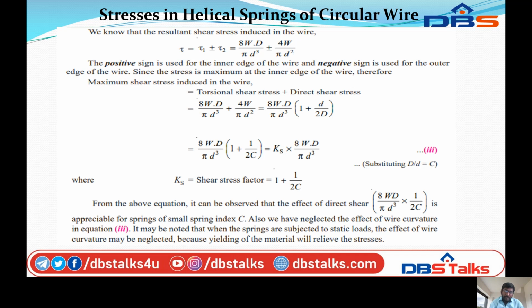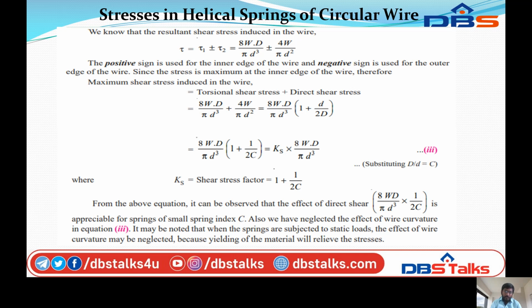So Ks into 8 into W into capital D by pi into d cube. From the above equation, it can be observed that the effect of direct shear stress, 8 into W into capital D by pi into d cube into 1 plus 2C, is appreciable for springs of small spring index C. Also, we have neglected the effect of the wire curvature in equation 3.